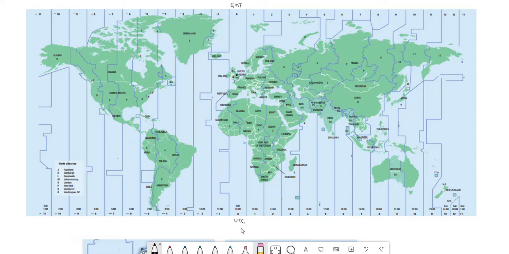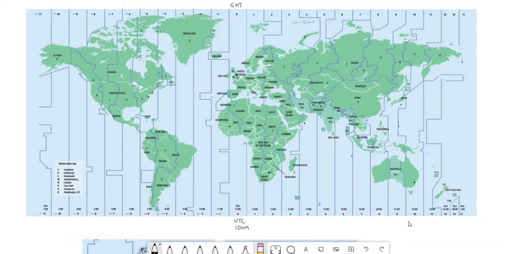It's basically like this. Let's say if it was 10 a.m. in Greenwich Mean Time, and we wanted to know the time in Sydney. Well, Sydney's here.